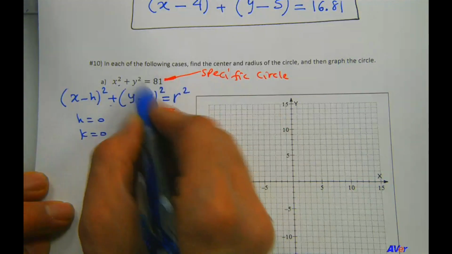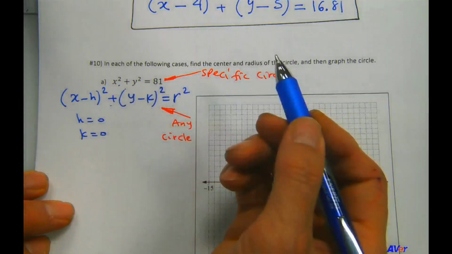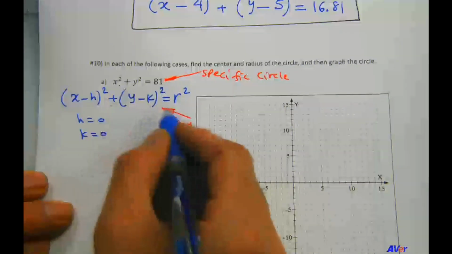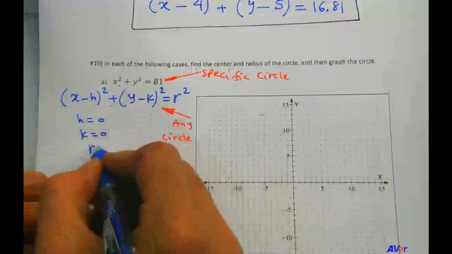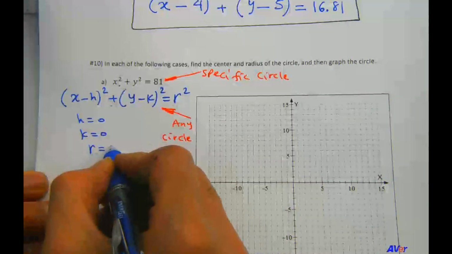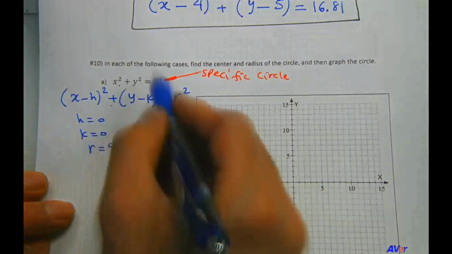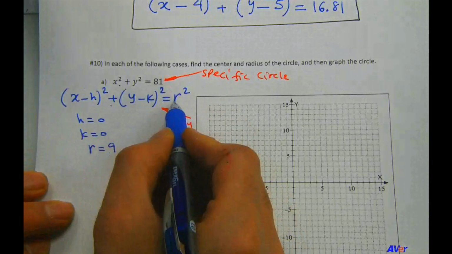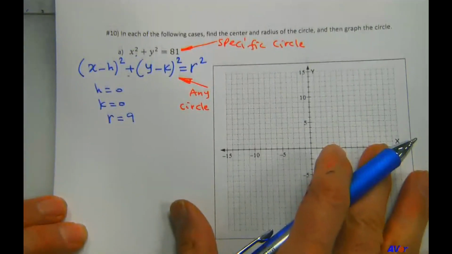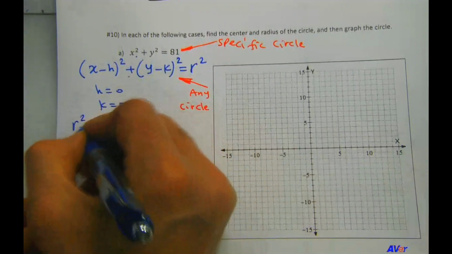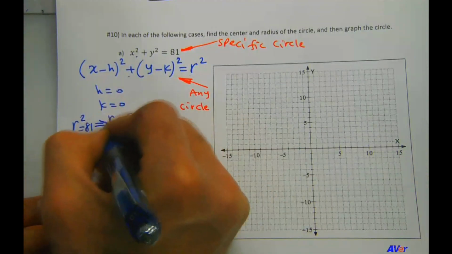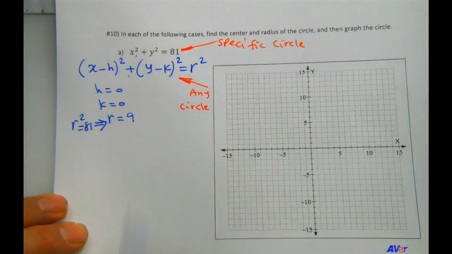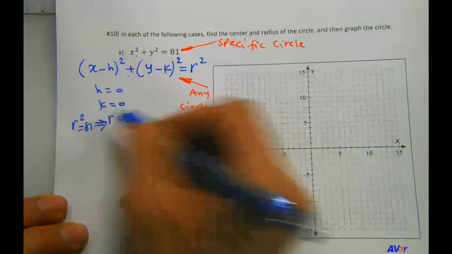Y minus 0 squared is y squared. And r squared is 81, so r must have been equal to 9. And h and k are zeros.